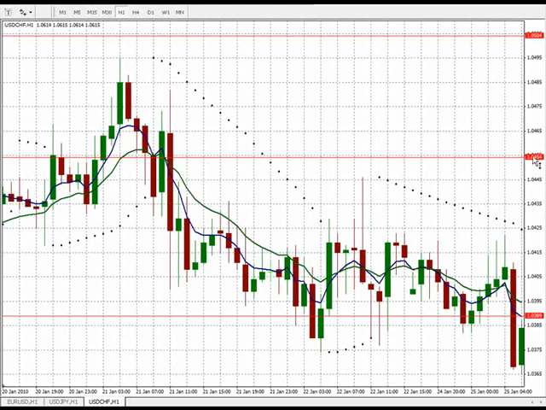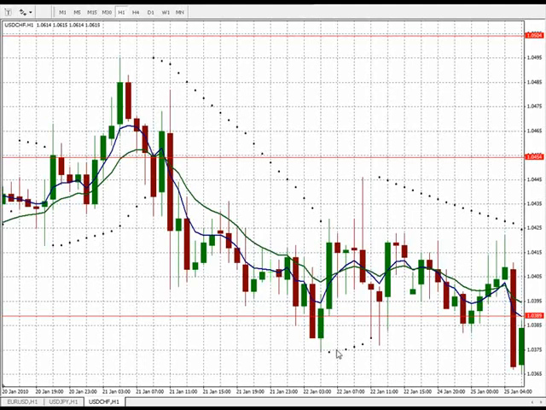In this trade, we entered at 1.0454, and we set our initial stop loss 50 pips above that for a short trade. So we add 50 pips, and we set our stop loss to 1.0504.